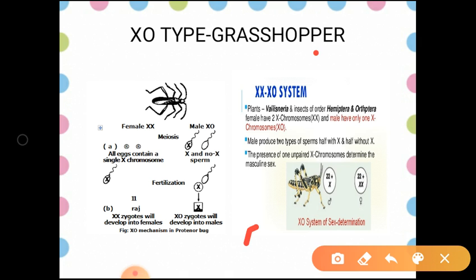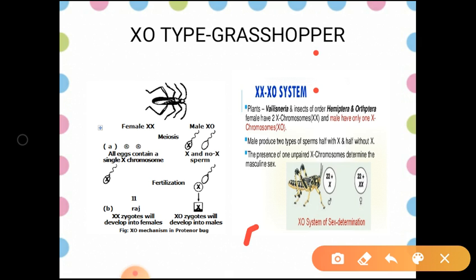In male insects, 50% of sperm consist of the X chromosome, the other 50% do not have the X chromosome. So the pattern is called the XO system. But the female insect, homogametic, all have X chromosomes.